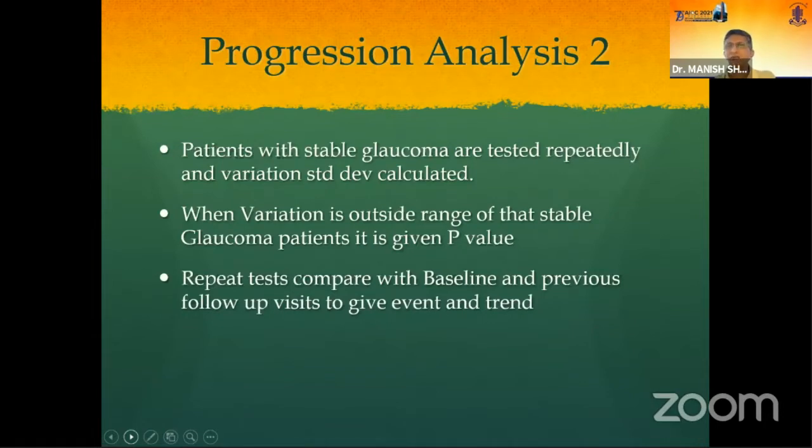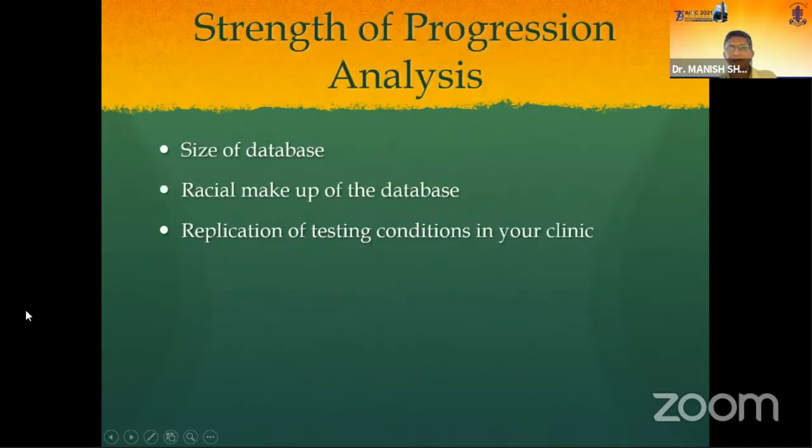When this variation goes outside the range seen in the glaucoma patient, a p-value and a significance value is given. Therefore, the repeat tests are compared to the baseline and previous follow-up visits to give you an event and a trend analysis. So this is what is being done for glaucoma patients.